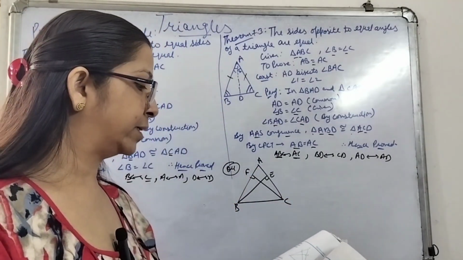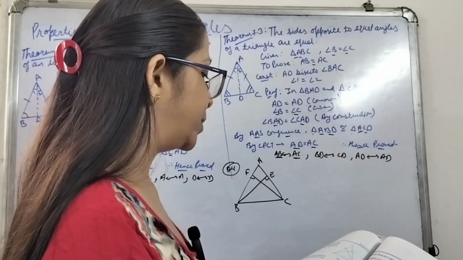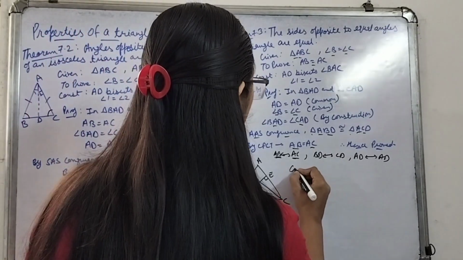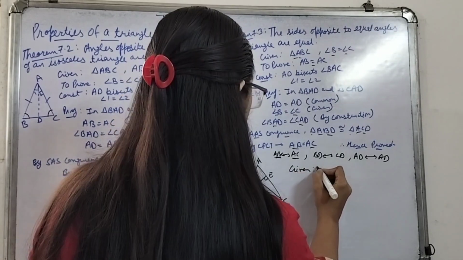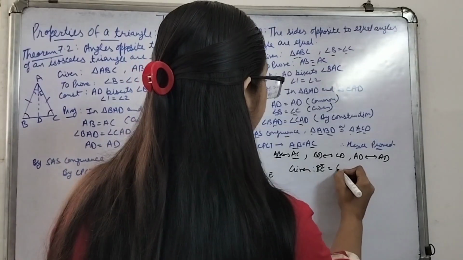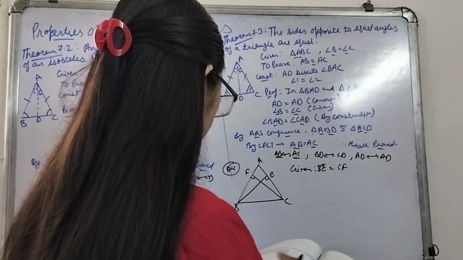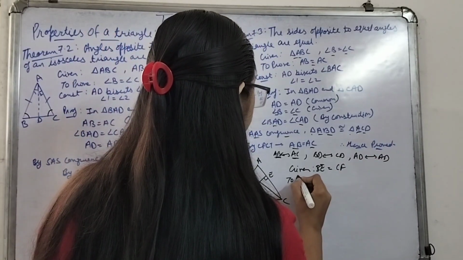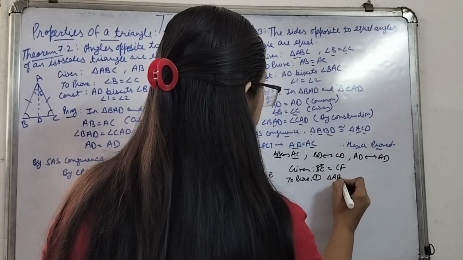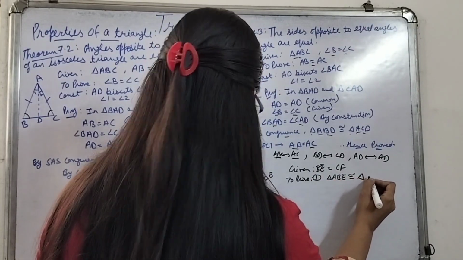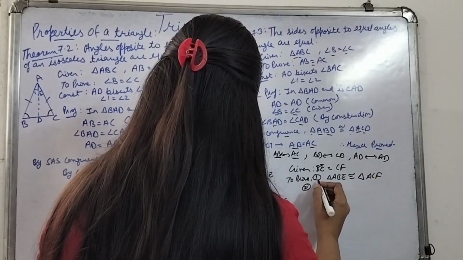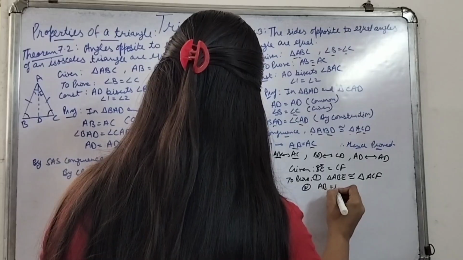Now it is given that in the triangle, altitudes BE and CF to sides AC and AB are equal. Means given to us is BE is equivalent to CF. And we have to prove, first part is triangle ABE is congruent to triangle ACF, and the second part is AB is equivalent to AC.